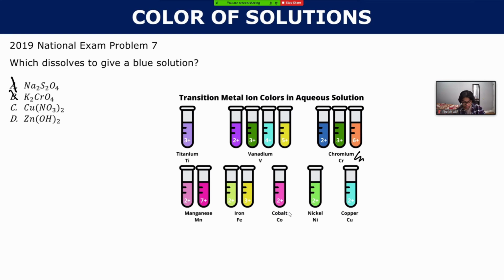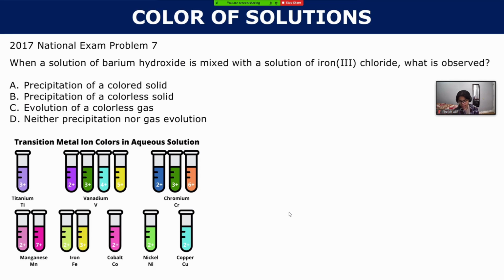Then we have copper. Copper actually does have a blue solution, so we can leave that there. And zinc again, I feel like zinc gets bullied because it's always colorless, and they just put that there every time. So zinc cannot be it. And the only answer that makes sense is C. And we are correct.